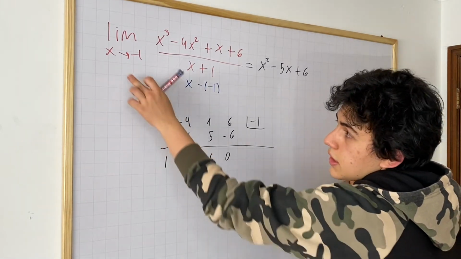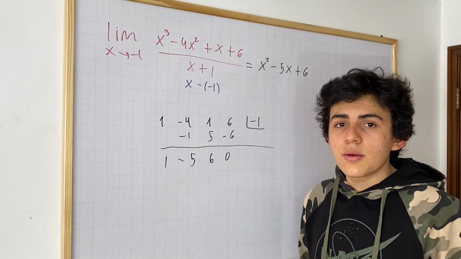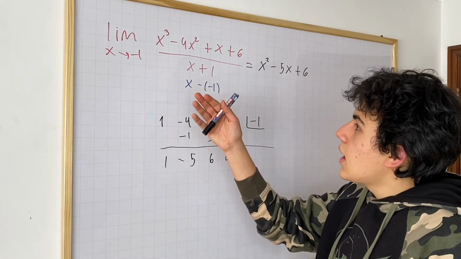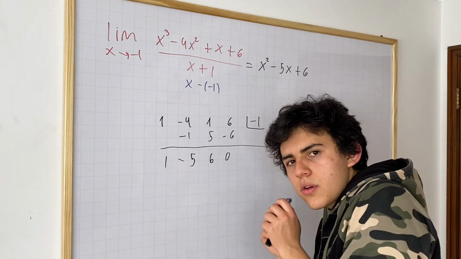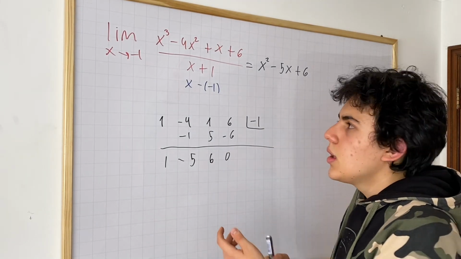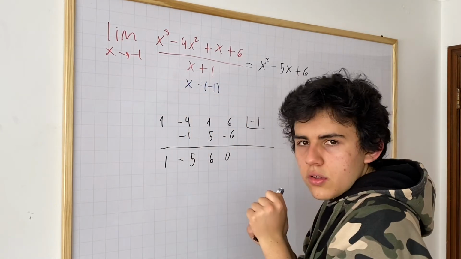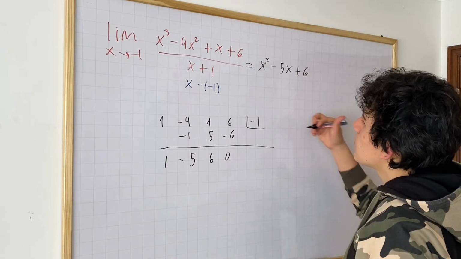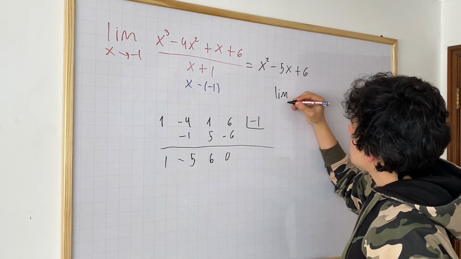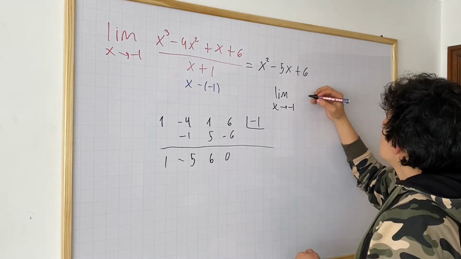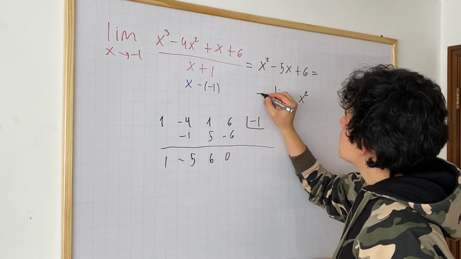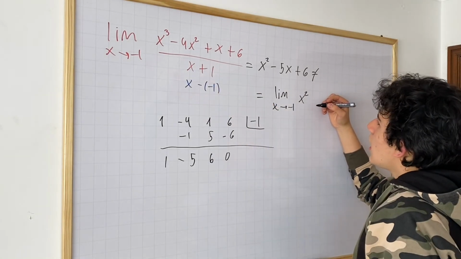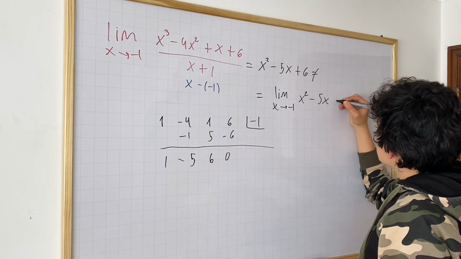Now we're taking the limit as x approaches minus 1. So now this is going to be a parabola, and we just need to find what value we are getting closer and closer to in our output when our input is getting closer and closer to -1. So we're going to substitute. This is the limit as x approaches -1 of x squared minus 5x plus 6.